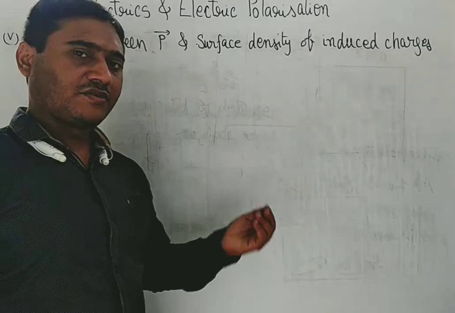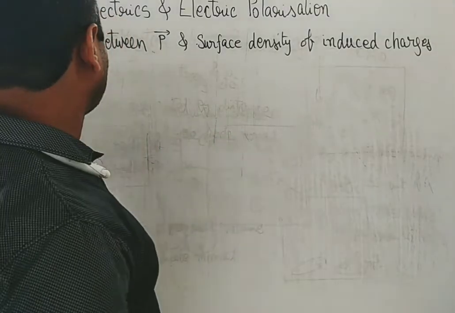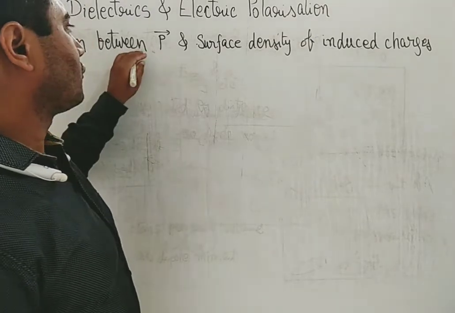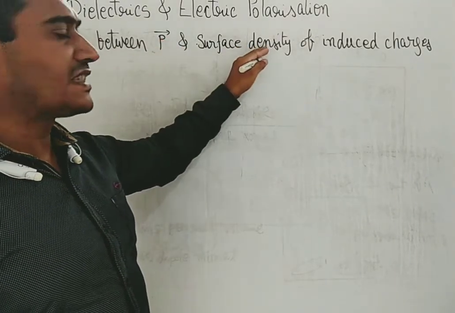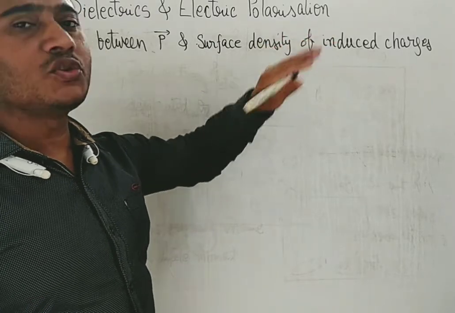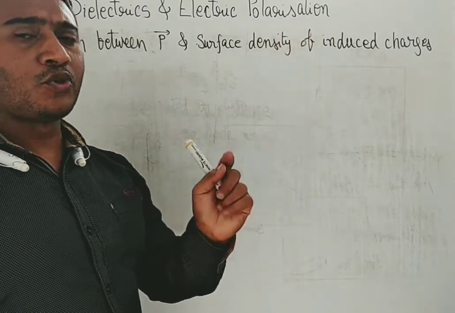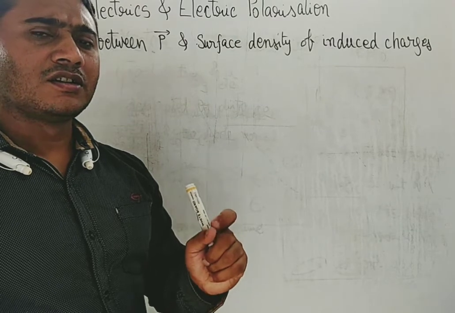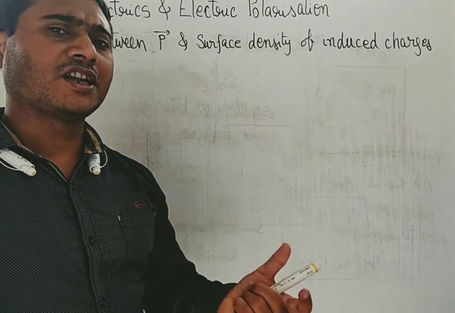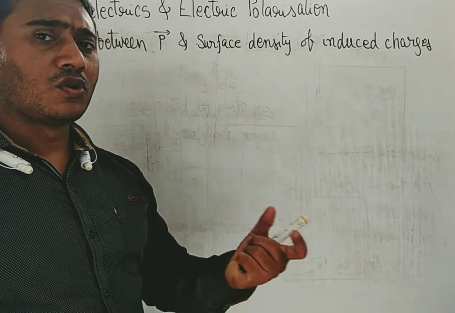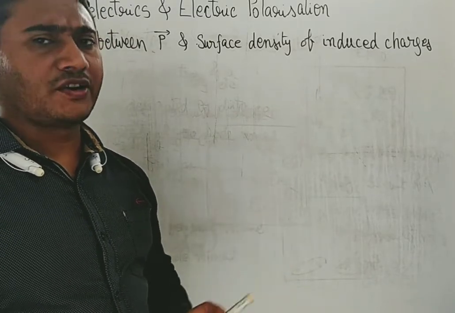Okay, now let's have the next, fifth subtopic, that's the relation between P, the polarization vector, and the surface density of induced charges. So polarization is basically the relative displacement of positive and negative charges of a non-polar dielectric.